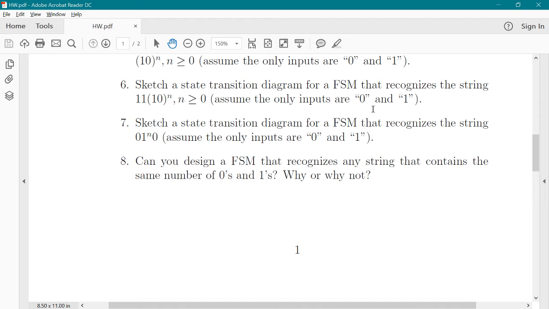Yeah, you said no. How come? Because it would have no way of keeping track of how many zeros. Yeah, you'd have to use a different state each time you encounter an additional 0 or 1. And if there's no limit to the number of zeros and ones, then there's no limit to the number of states you need. And that one makes it feel like you'd need an infinite state machine.